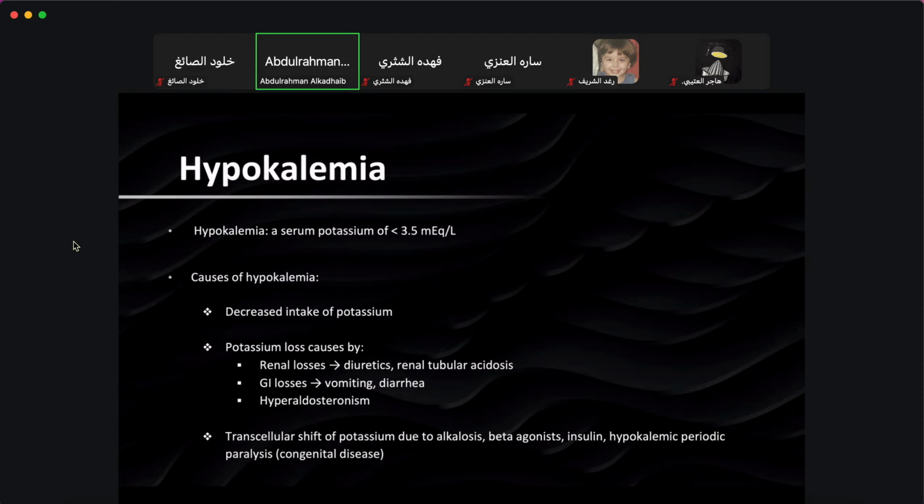Also, the medications that we talked about in the treatment of hyperkalemia may cause hypokalemia. So, for example, the beta agonist salbutamol, and insulin, those are all possible causes of hypokalemia because they will shift the potassium into the cell. So if we use large doses, we may actually cause hypokalemia in those patients.